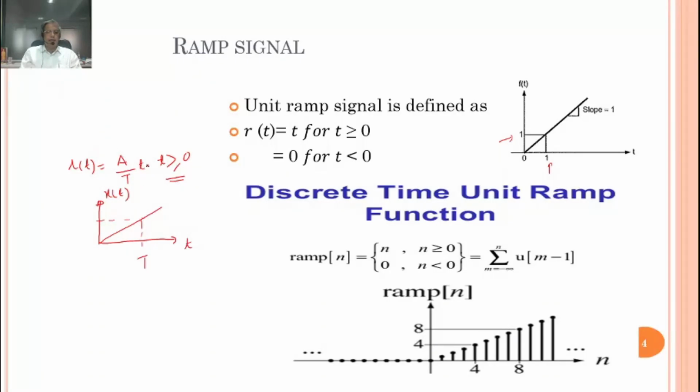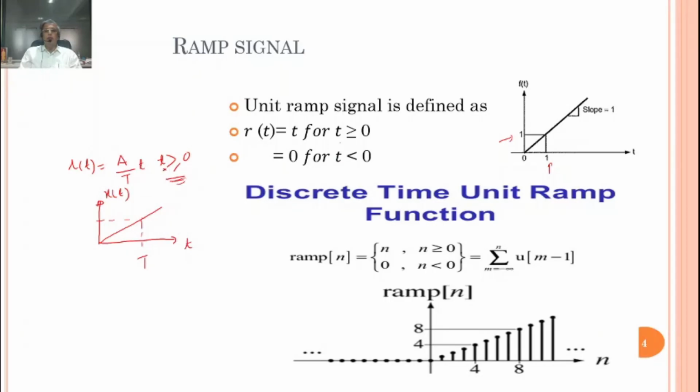This means we can say that this ramp signal is continuously increasing with respect to time as t increases, for positive values of t, when t is greater than or equal to 0.